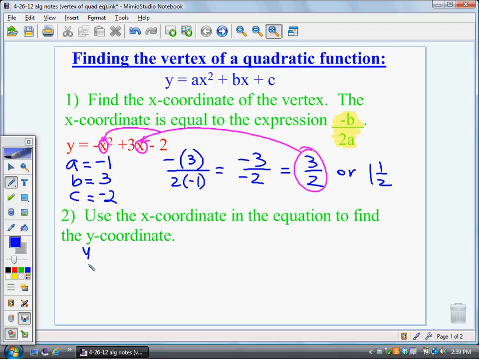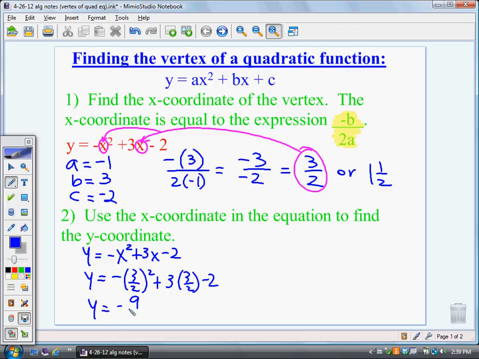So here's my equation, negative x squared plus 3x minus 2. I have my negative. X we found to be 3 halves squared plus 3 times 3 halves minus 2. 3 halves squared is 9/4.